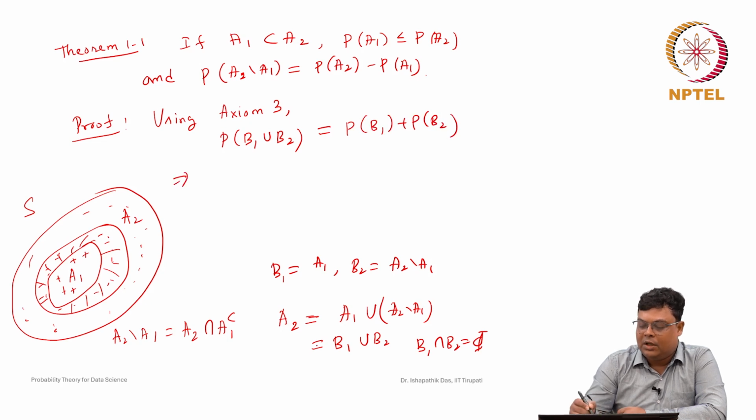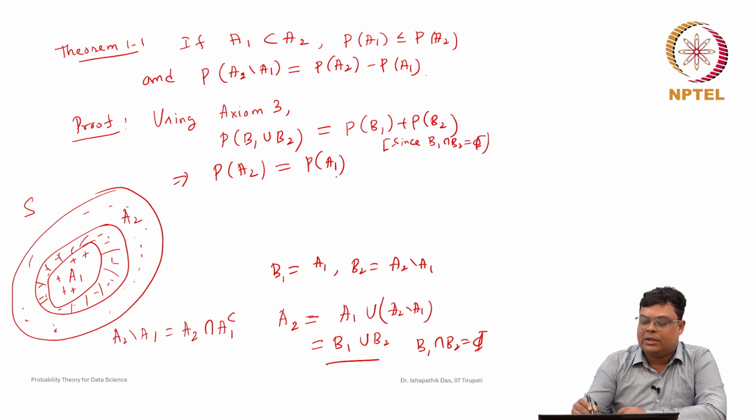B1 union B2 is equal to A2. So, the probability of A2 is the probability of B1, which is A1, plus the probability of B2. Since B1 intersection B2 is a null set, this is required by axiom 3.